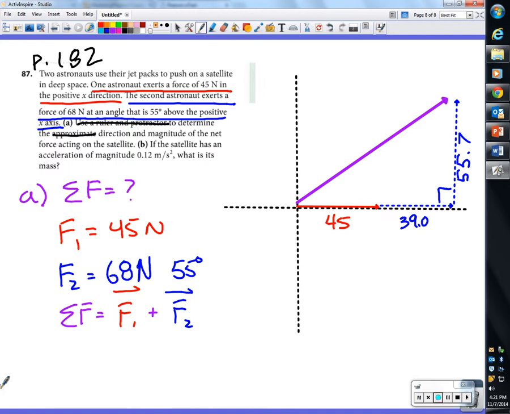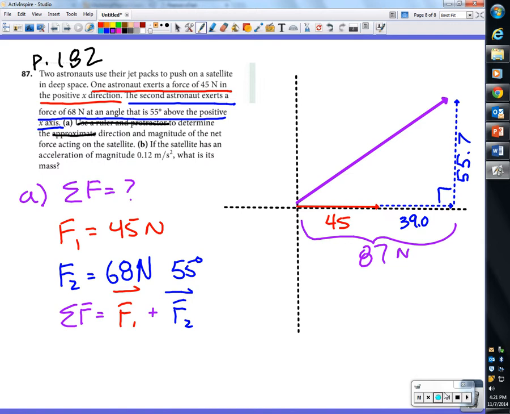And we can find the hypotenuse of that right triangle by doing Pythagorean theorem, keeping in mind that this whole side is actually the sum of these two. They're both on the same axis, so we don't have to do any vector addition there. We just have to add those two together, right? So, doing that, gives us 87 along the x-axis, and now we can use Pythagorean theorem to find that hypotenuse.